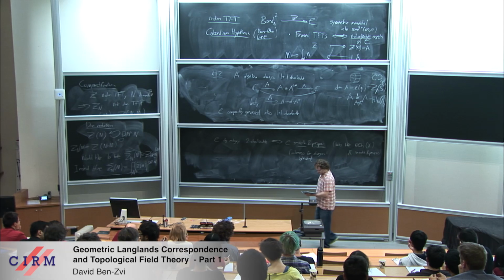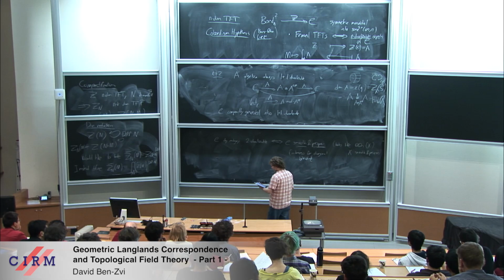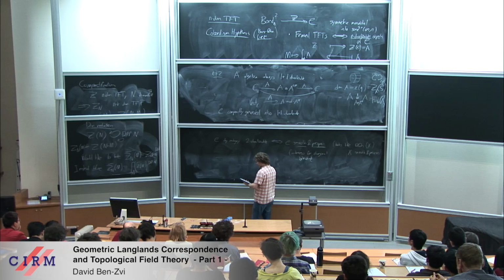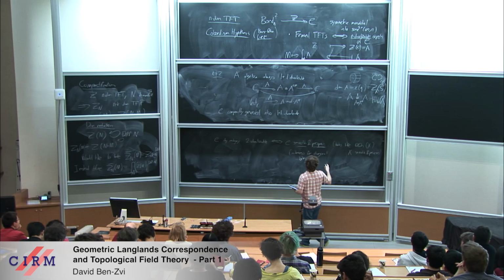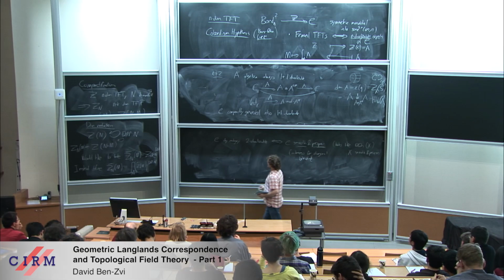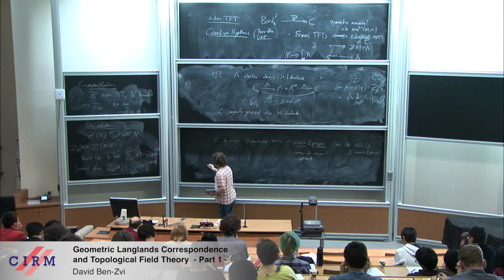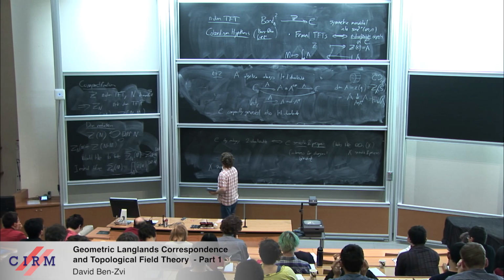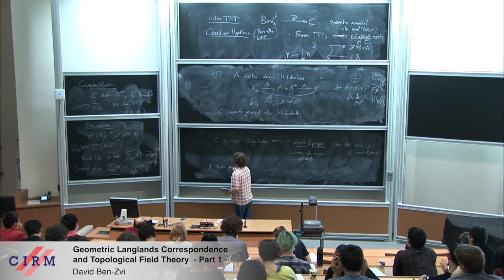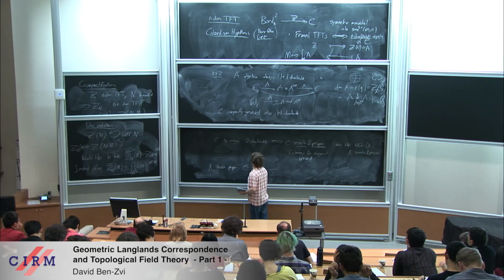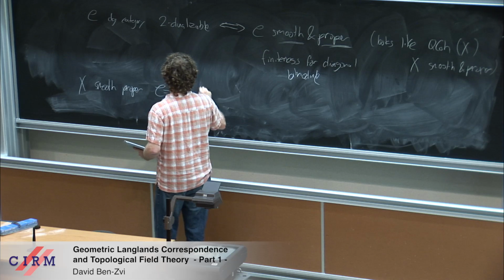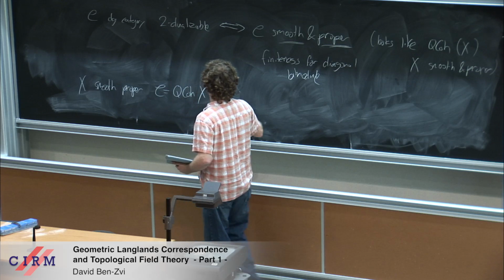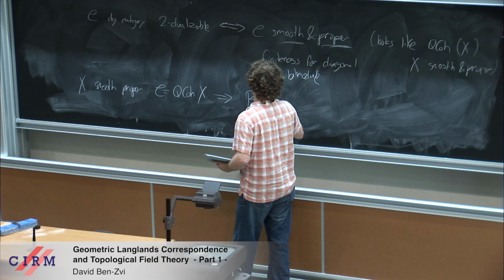Okay, so there are two kinds of examples of this 2-dualizable. If X is indeed smooth and proper, and I take the category C of quasi-coherent sheaves on X, then this is what I'll call the B model.